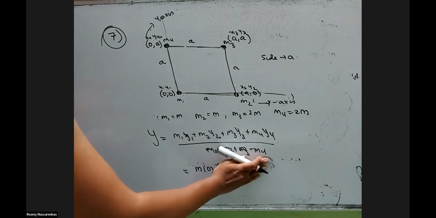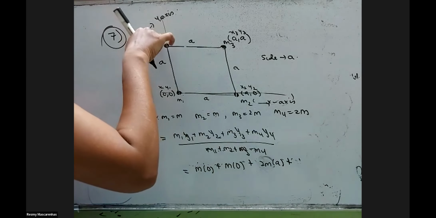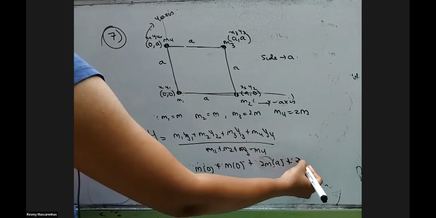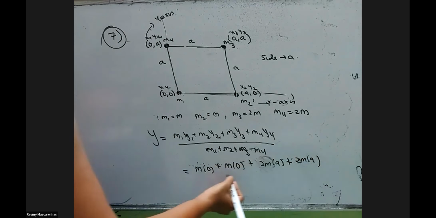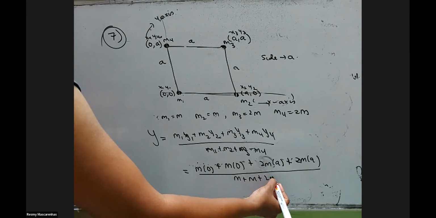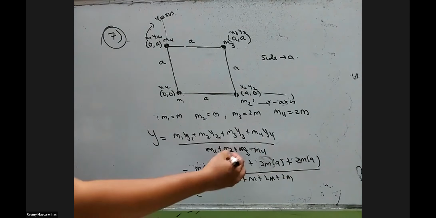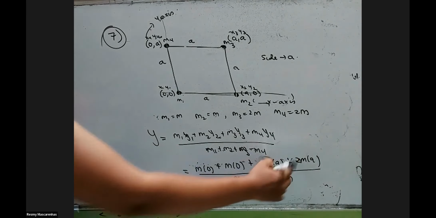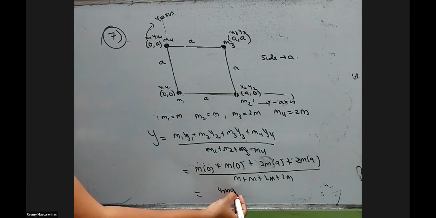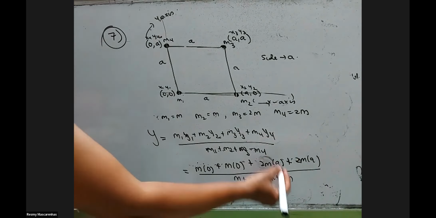M3 means 2m into a, 2m into this anyways is 0. 2 plus 2 will give me 4 ma. 2 upon 3a.